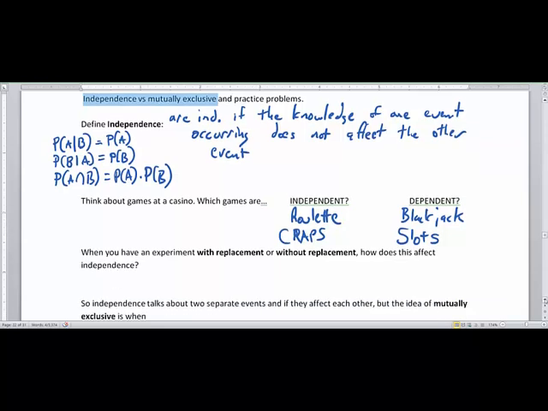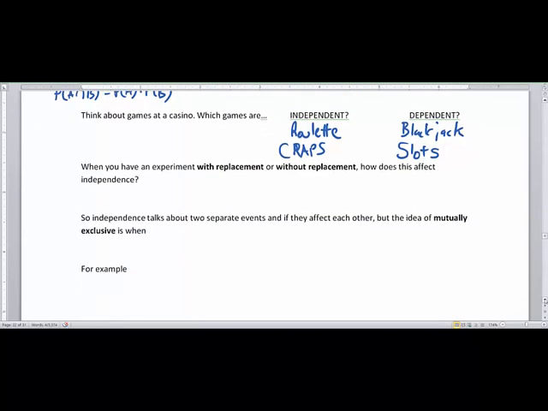But a lot of times when we talk about replacement or without replacement, if you replace something every time, this helps with independence.